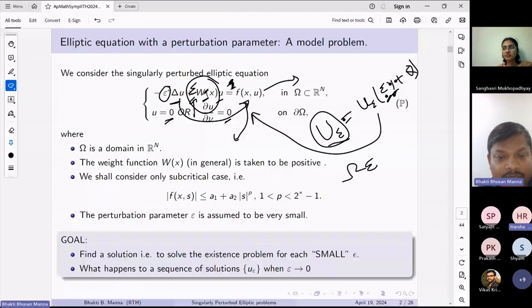Now the reason I ask is, in this context, if W is an oscillating function, like in homogenization theory, oscillating with period epsilon, then it will have too many minima, and that is also varying with epsilon.